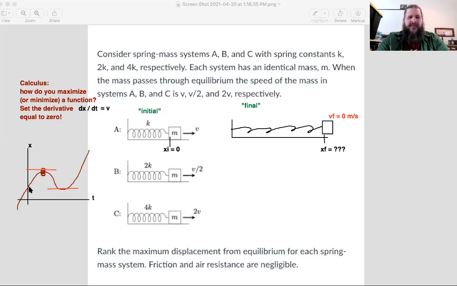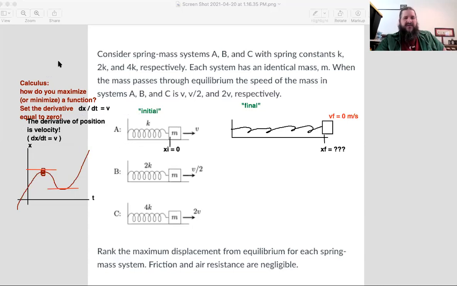So when we're talking about position as a function of time, then the derivative, the slope of that graph, is the velocity. The derivative of position, dx/dt, is velocity.